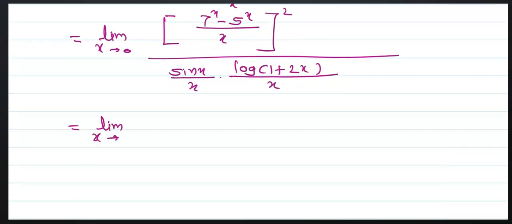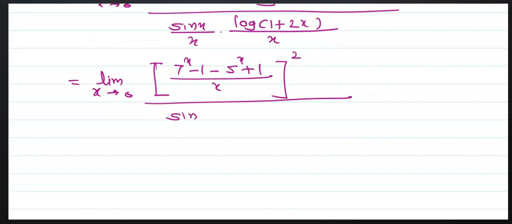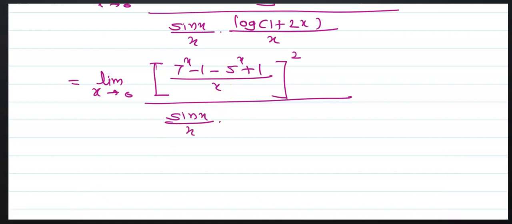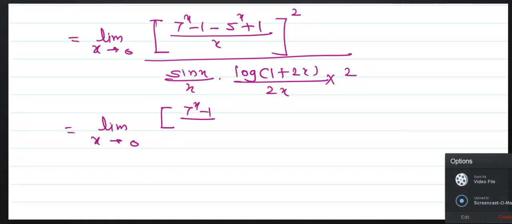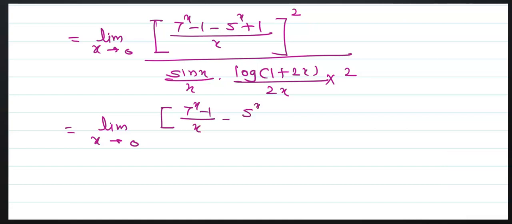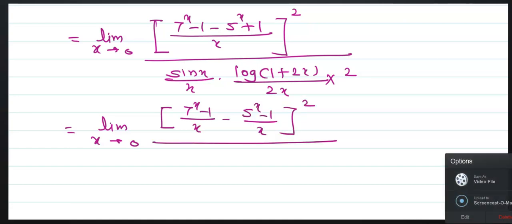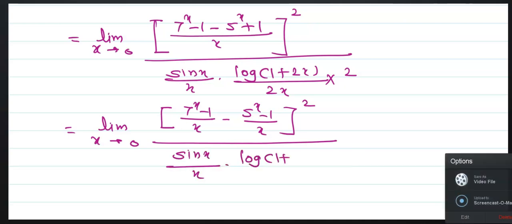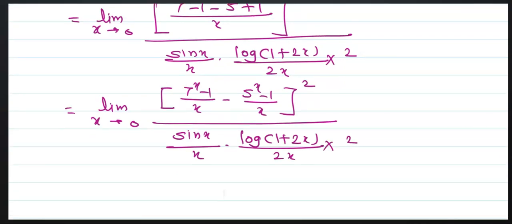Now adjust plus 1 and minus 1 in the numerator. That is (7 raised to x minus 1 minus 5 raised to x plus 1) upon x, which is ((7 raised to x minus 1) upon x minus (5 raised to x minus 1) upon x) bracket square. And the denominator is sin x upon x into log of 1 plus 2x upon 2x into 2.